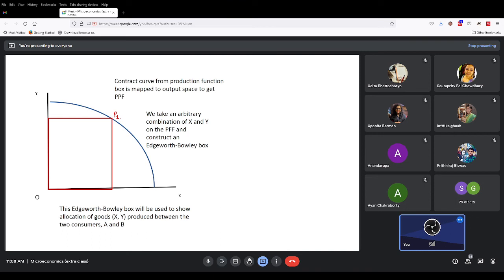So you have produced P1, you have got a certain amount of X and a certain amount of Y, and now they are clamoring: give us our share of X, give us our share of Y. So you have to decide what is Xa, Ya. You also have to decide what is Xb and Yb. These now have to be determined.